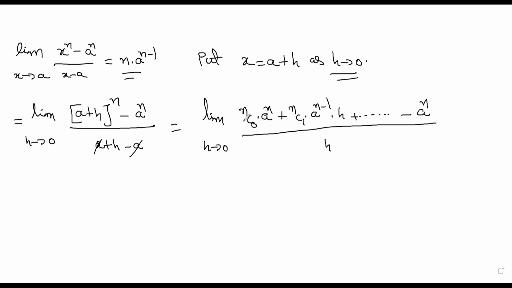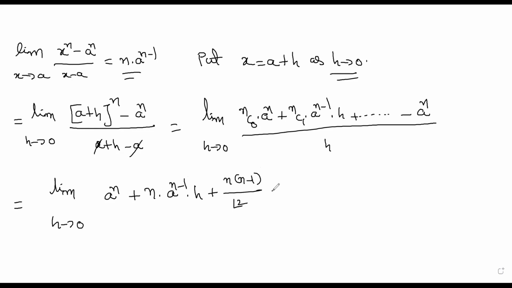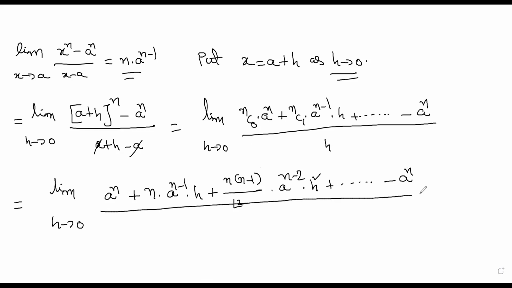Now nC0 value is 1, so you have a^n. nC1 is n, so n times a^(n minus 1) times h, plus n(n minus 1) by factorial 2 times a^(n minus 2) times h squared, like this it goes. Here you have a^n, and then minus a^n, so a^n is cancelled.